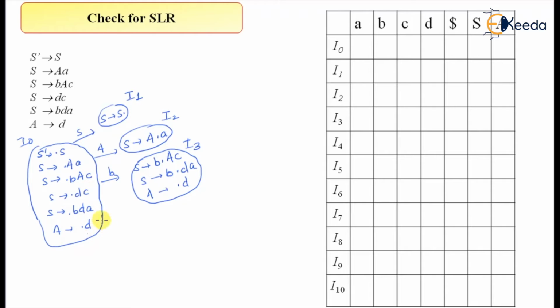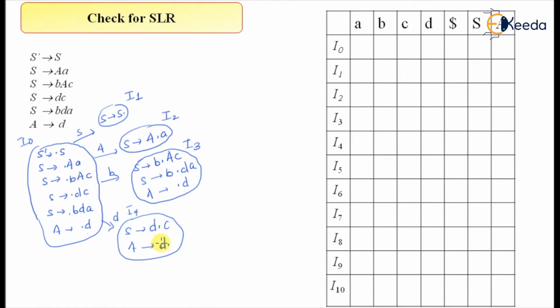On input D, this becomes S derives D dot C, and there is another, A derives D dot. That state is our I4.